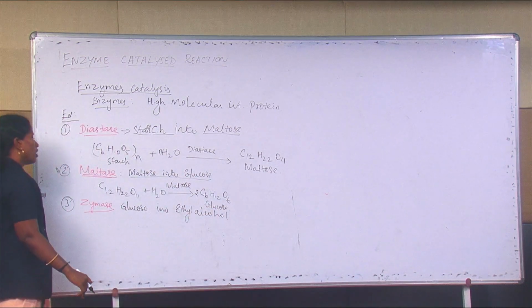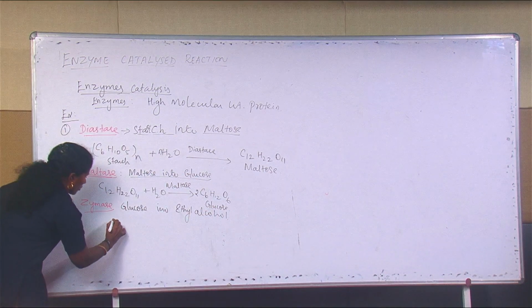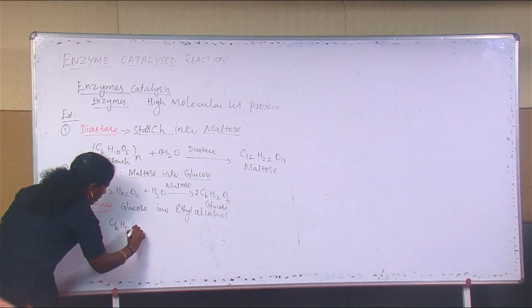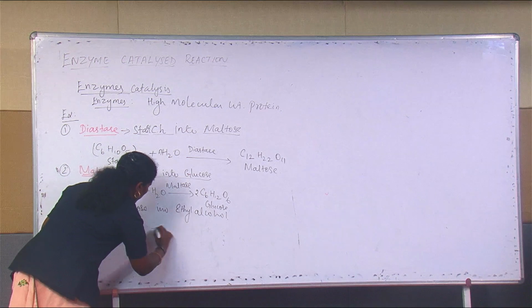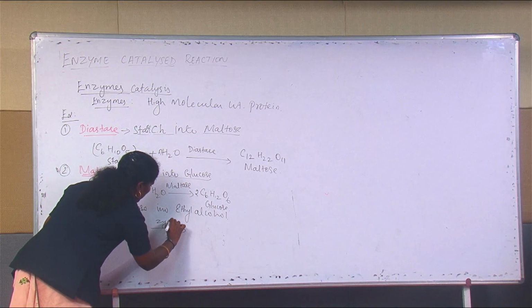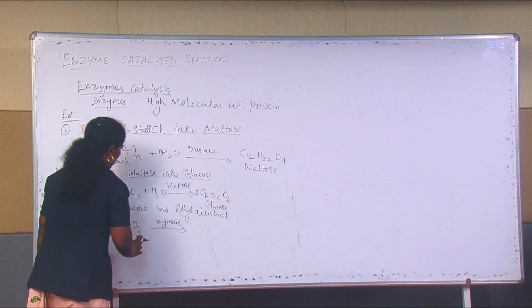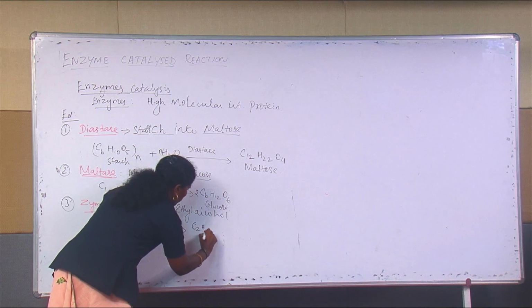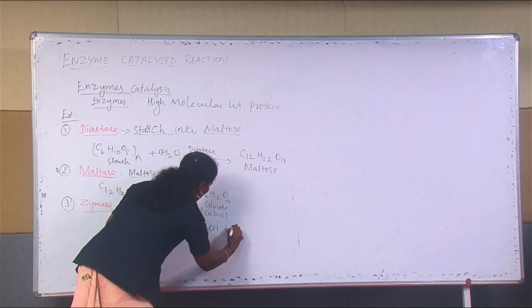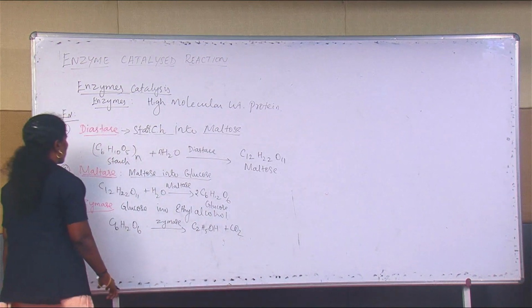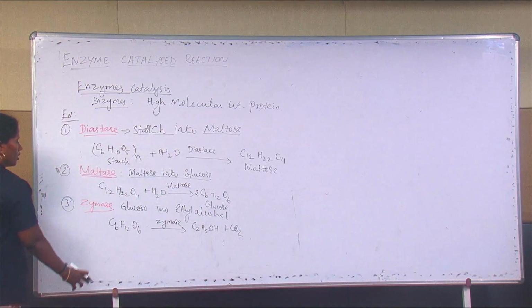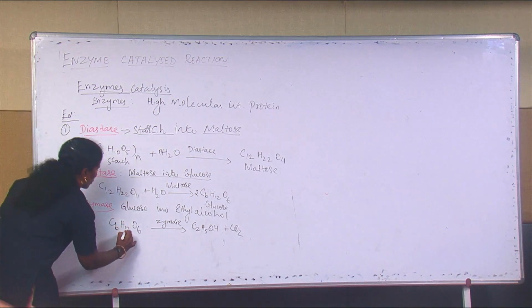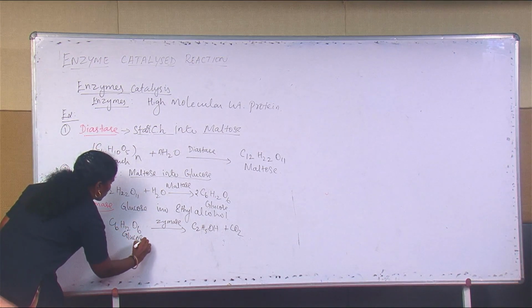The molecular formula of glucose is C6H12O6. In the presence of the enzyme zymase, it degrades the glucose into ethanol, C2H5OH, plus CO2. So, the enzyme zymase is used for the degradation of glucose into ethyl alcohol.